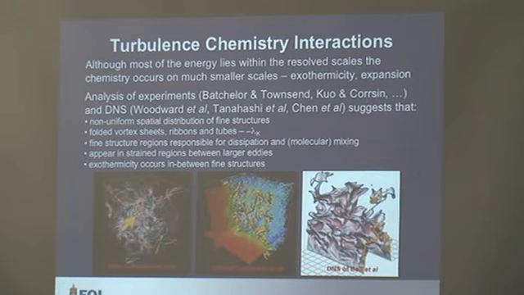So these are some pictures that I've collected. This is a DNS calculation of Paul Woodward on a very high Reynolds number flow using, I think it's 496 cubed simulations. And there you can see vorticity, you can see it in terms of sheets, ribbons, and tubes that are interacting.